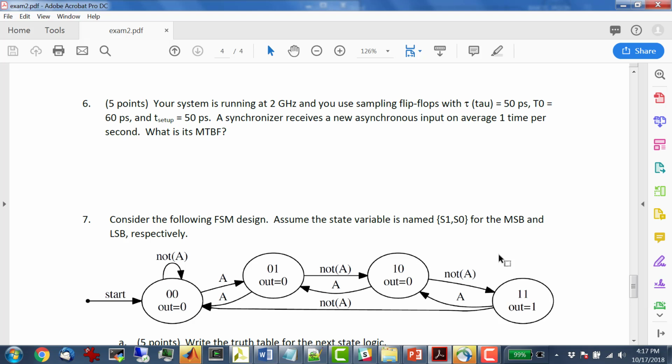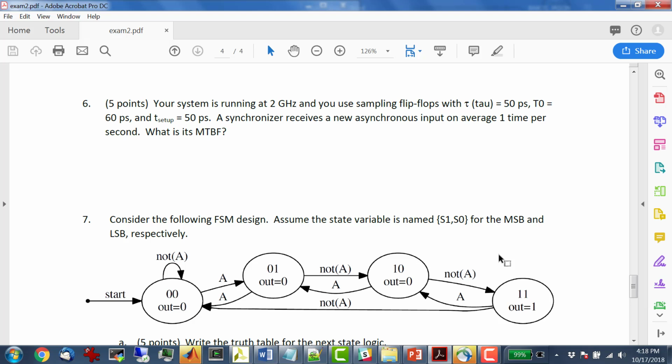So the probability of failure is T0 over Tc times e to the negative Tc minus T setup over tau. The only thing I forgot here is n. N goes up there like that, but in this case, n is 1.